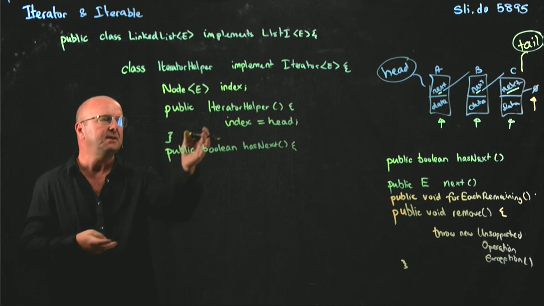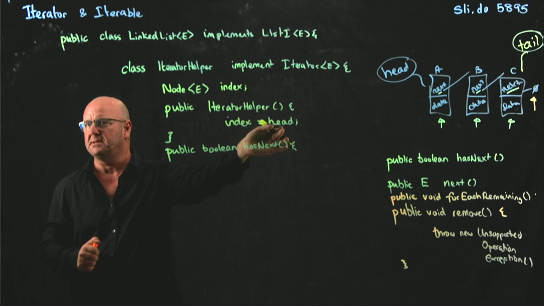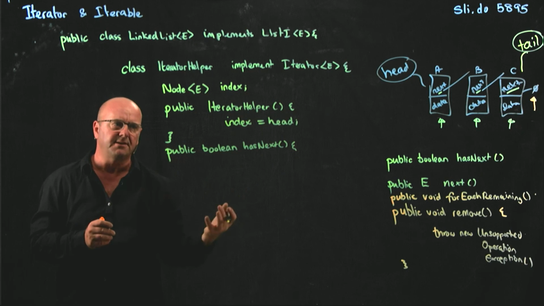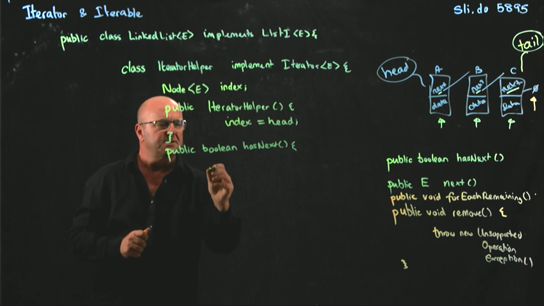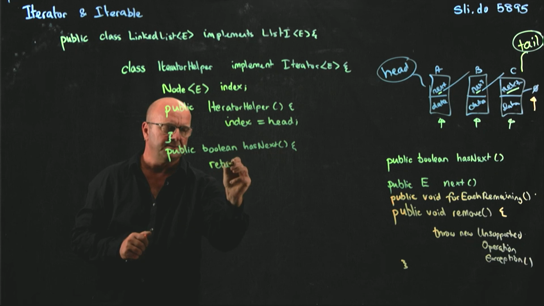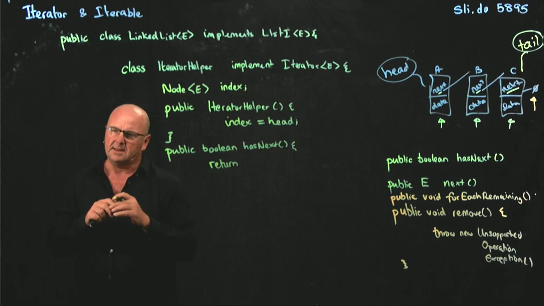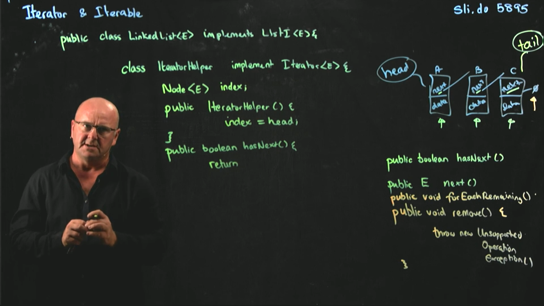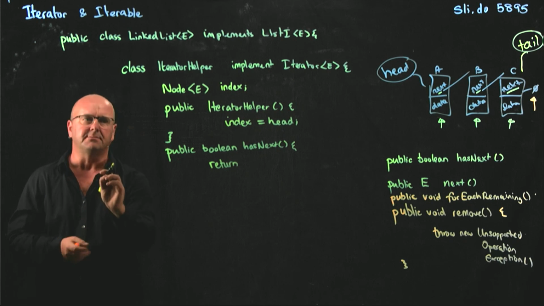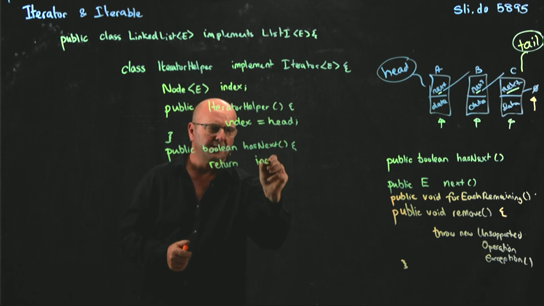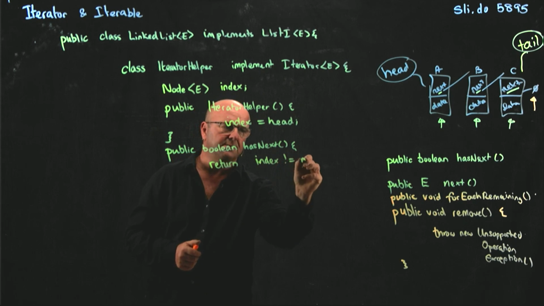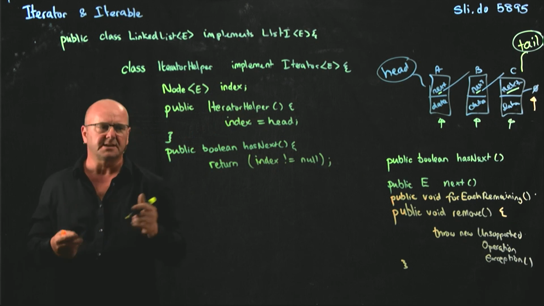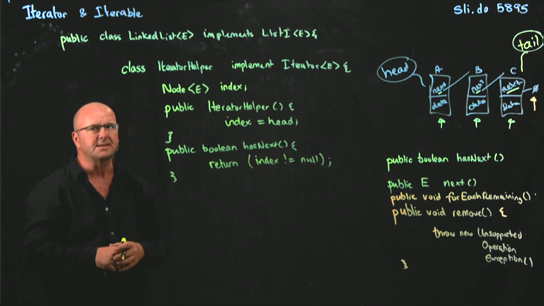Either the list is empty, and we've set index to point to an empty list, or we're at the end of the list, and we've already iterated through everything, and so we're done. So all we need to do is return index not equal to null. If index is not null, then hasNext should be true because we've got something that we want you to have.